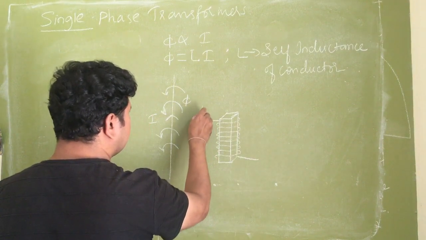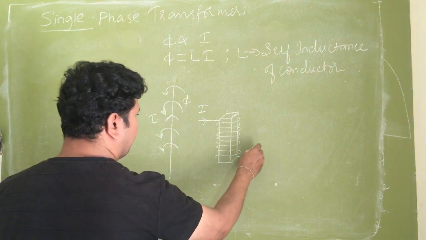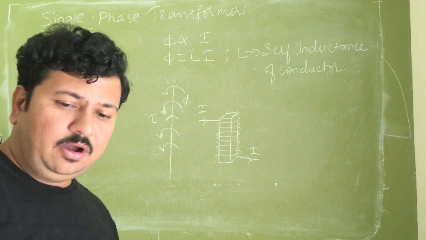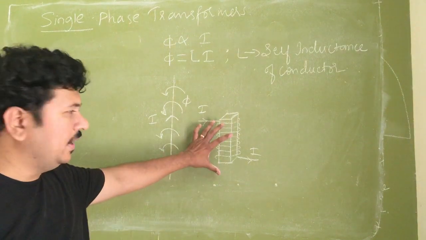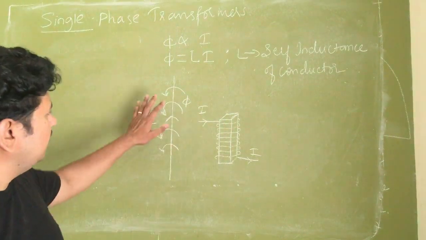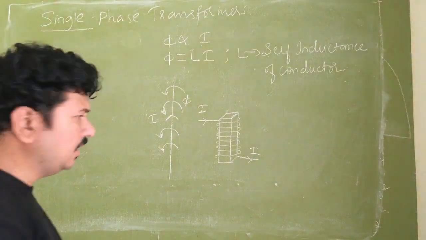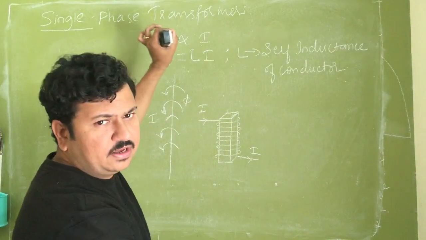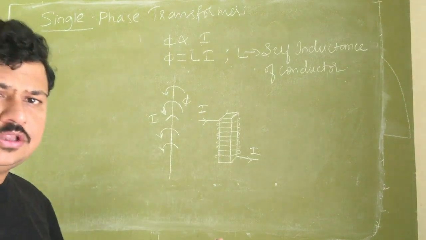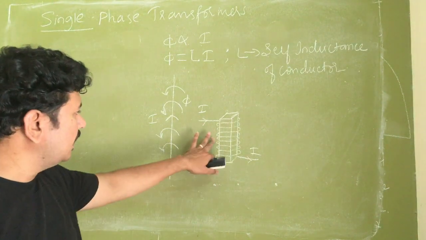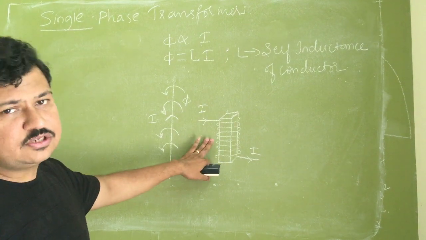Now if I pass the same amount of current I through this coil, the magnetism surrounding this coil will be much larger than the magnetism surrounding the straight conductor. If the same conductor is stretched into a straight wire and the same current passed through it, the magnetism produced is much lesser than that produced by the coil.